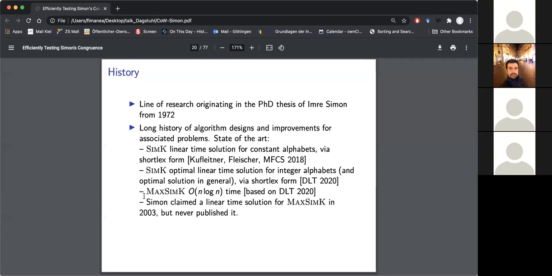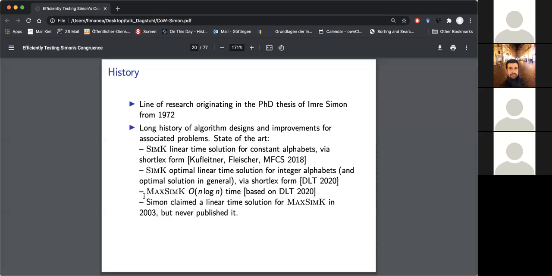And that was a bit disappointing, because in a paper, I think it was an invited talk at Words 2003, Simon claimed that there is a linear time solution for max SimK. This solution was never published, and I'm actually happy I saw that Maxime Crochemore was here earlier. He also said that he never saw this solution, so it was not only us that didn't find it.